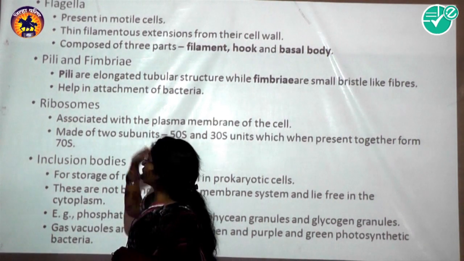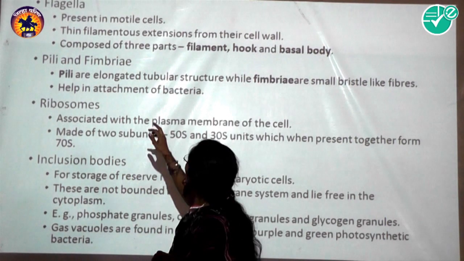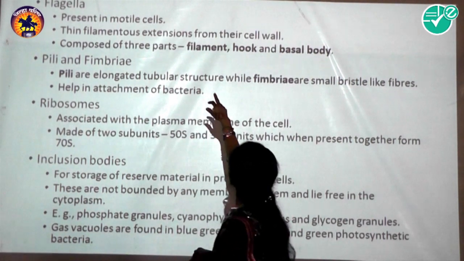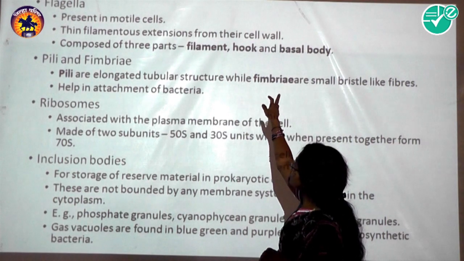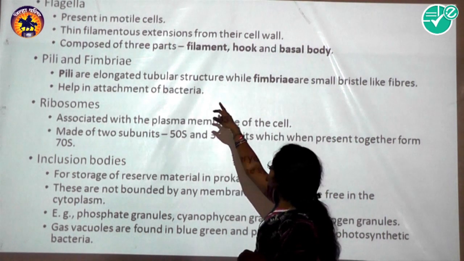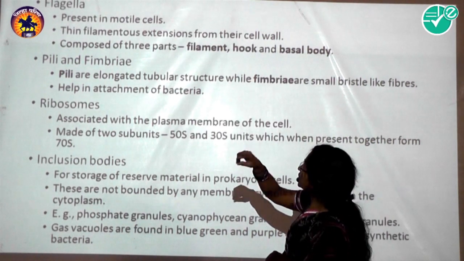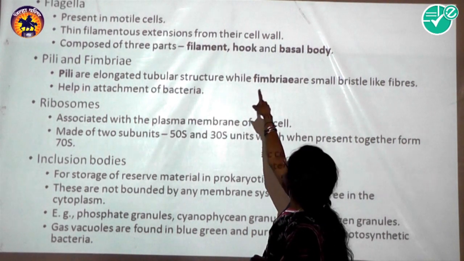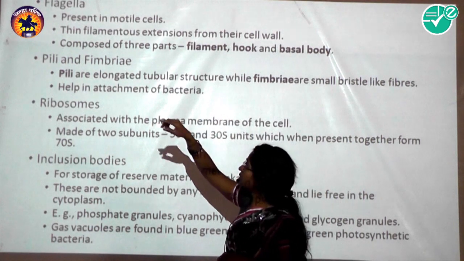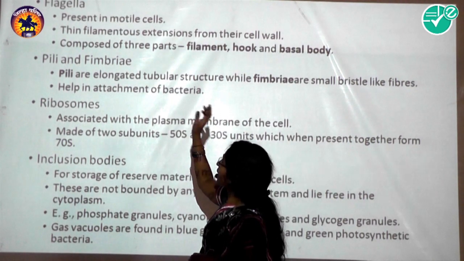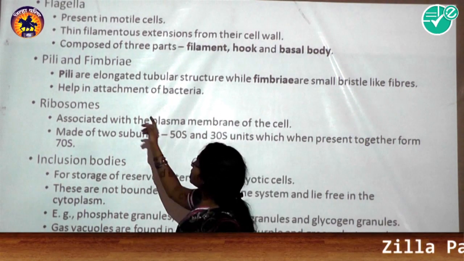Due to the flagella. The flagellum is a filamentous extension from the cell wall, composed of three parts: filament, hook and basal body. That is the flagella. Then pili and fimbriae.